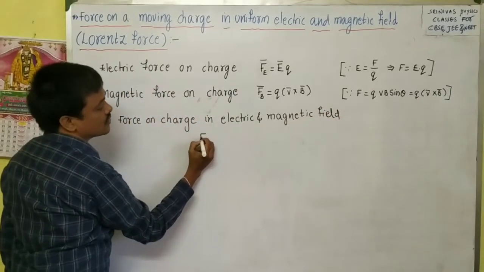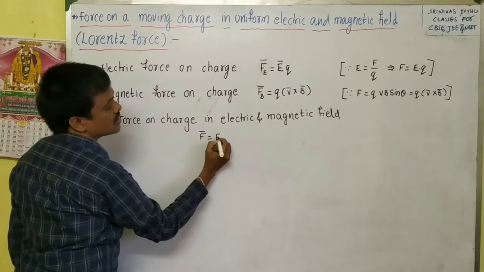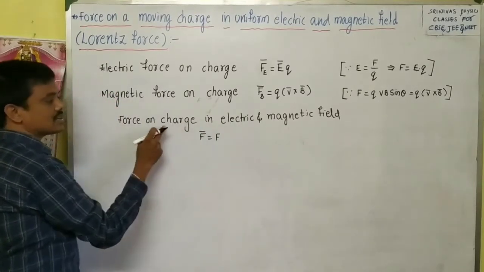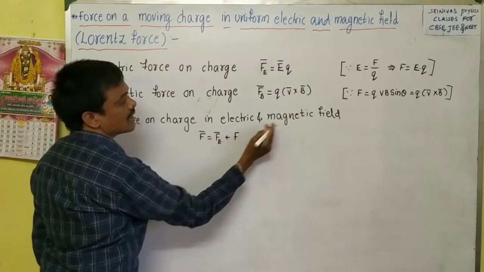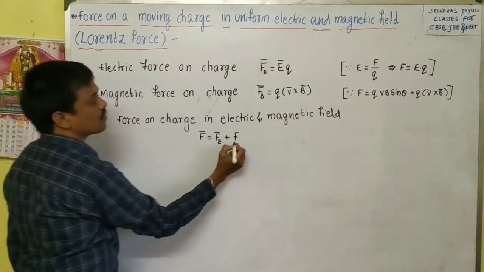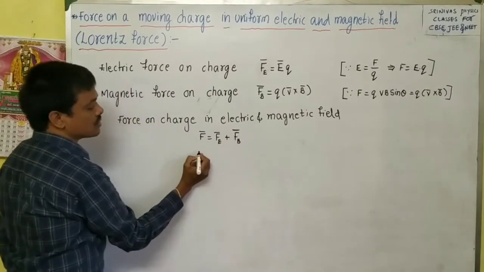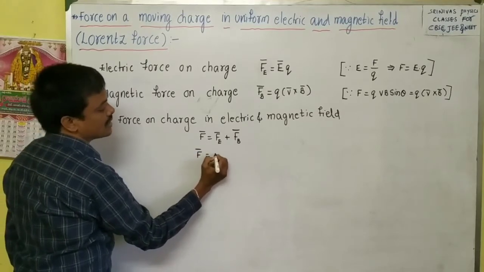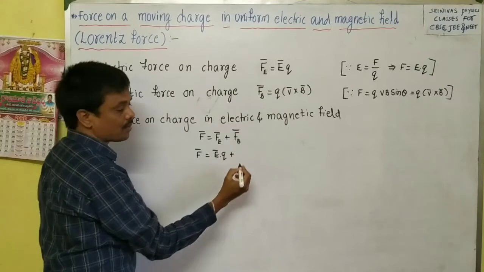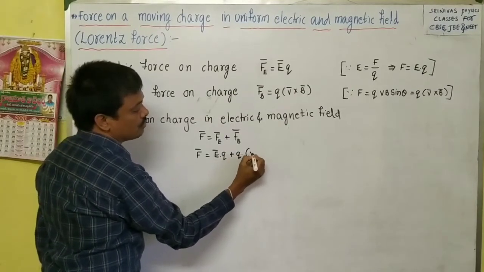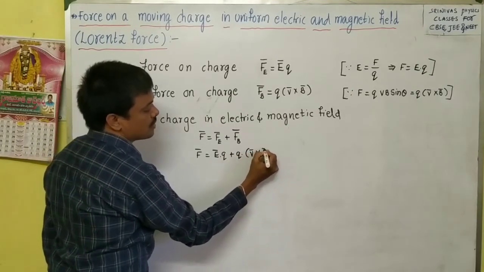Due to the electric field, some force will be there on the charge: the electric force, plus, due to the magnetic field, the magnetic force. The electric force formula is E bar into Q, and the magnetic force formula is Q into V bar cross B bar.